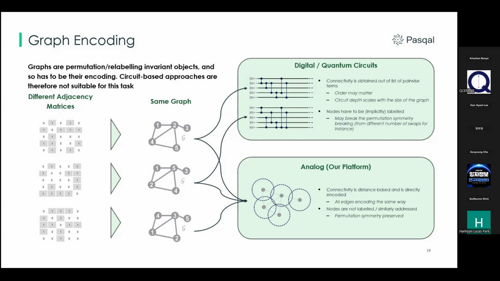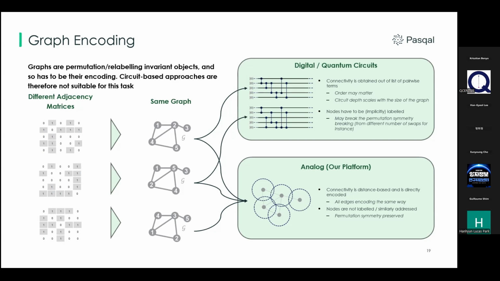However, you can create a representation using digital, so quantum logic gate-based executions as well. The particularity of a quantum logic gate-based information extraction is that digital quantum computers, or fixed architecture quantum computers in particular, cannot directly encode the graph itself, so they need to work with a representation of the graph.